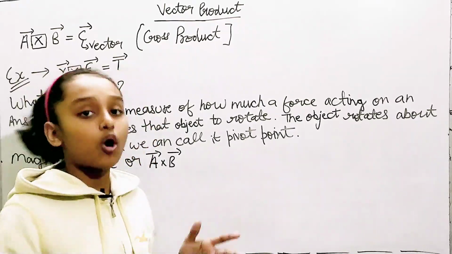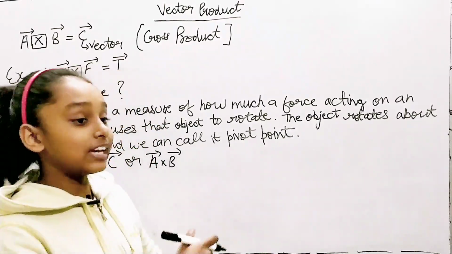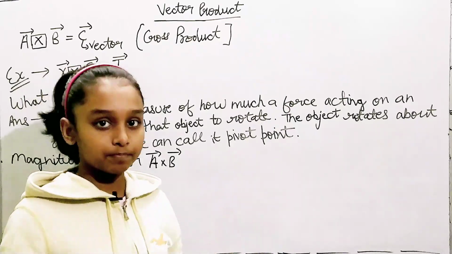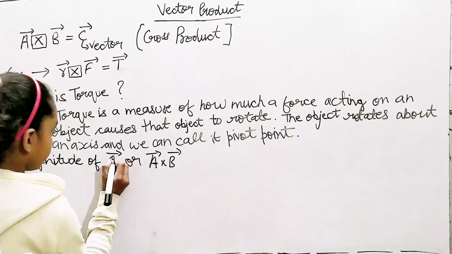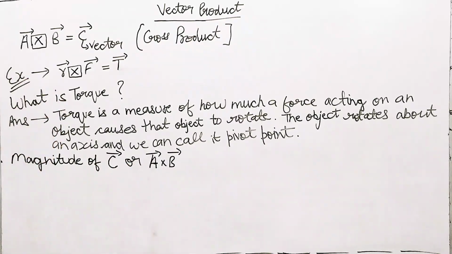We are going to say cross. A cross B, C cross D, or any other alphabet or any other vector. Yeah. So magnitude of vector C or vector A cross B.